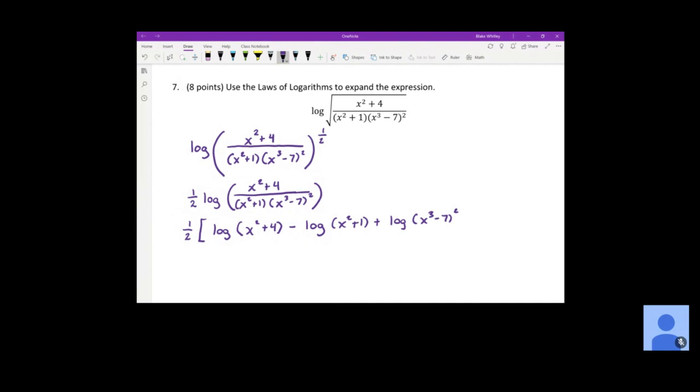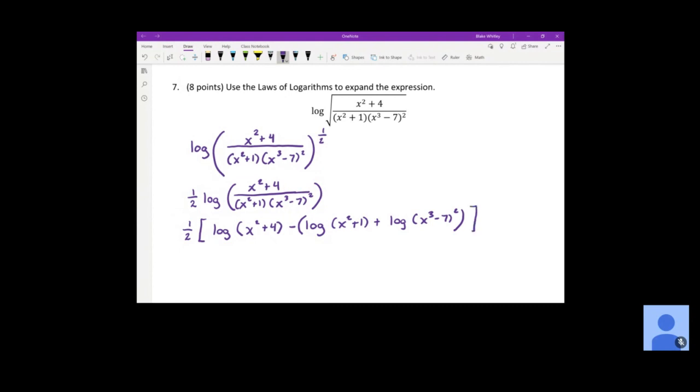Now, here's where we have to be really careful. That division that we changed to subtraction is going to apply to everything that's in the denominator. So I'm going to insert another set of parentheses around both of these logs here, just to make it clear, right, that subtraction now applies to both of these things that happen to be in the denominator, the x squared plus 1 and the x cubed minus 7 squared.